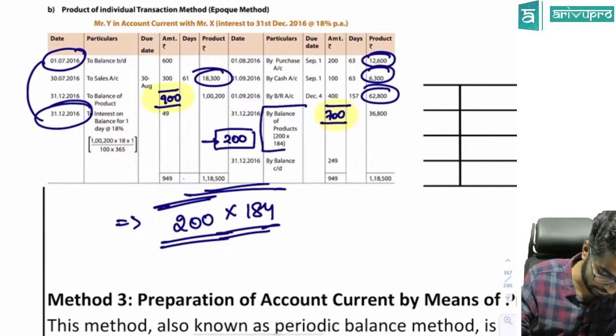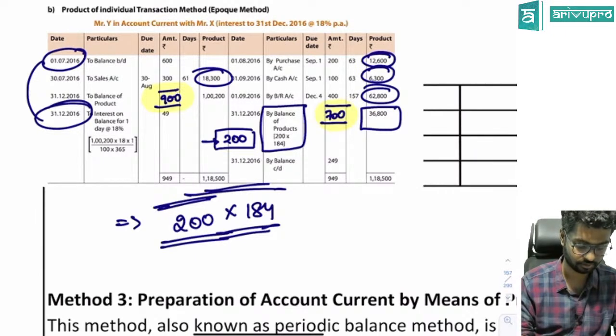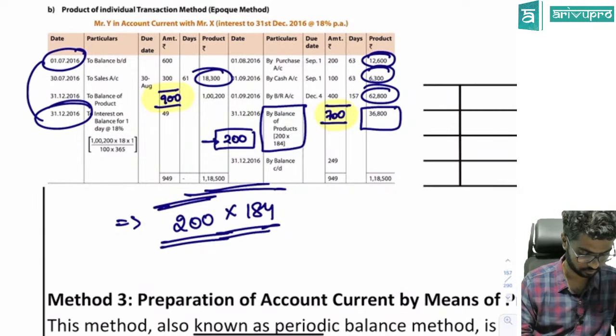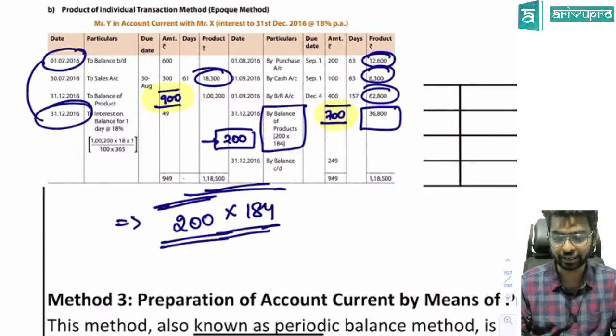Do that, and that we write it as balance of products. Yeah, 184 is the number of days.